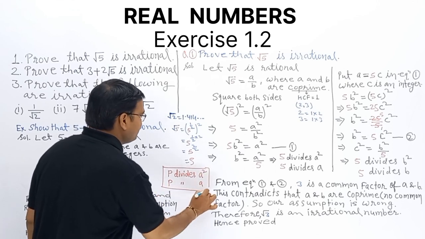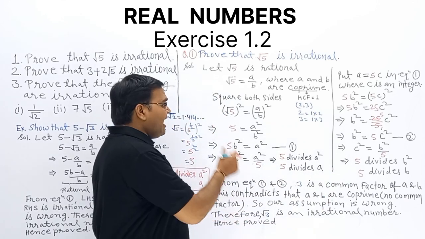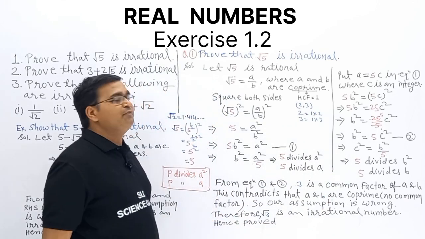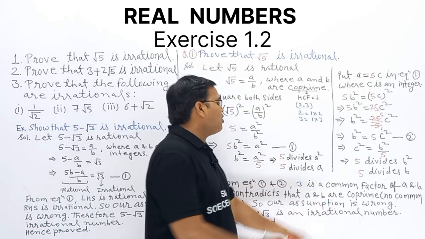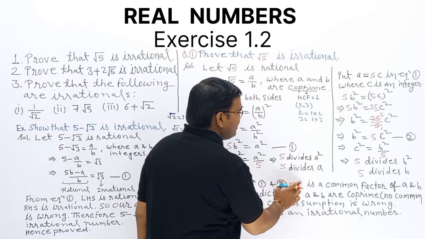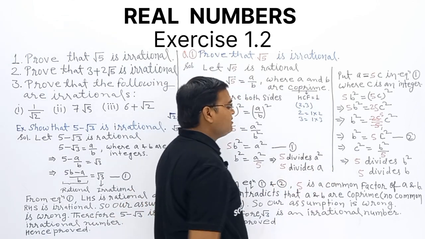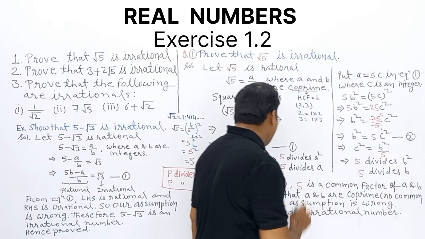By using the theorem we are saying a and b have a common factor. So from equation 1 and equation 2, 5 is a common factor of a and b.